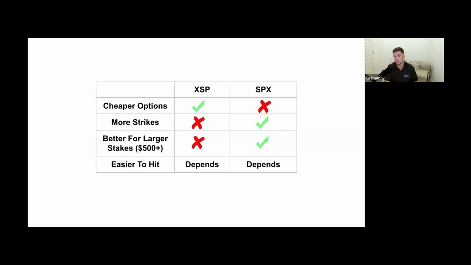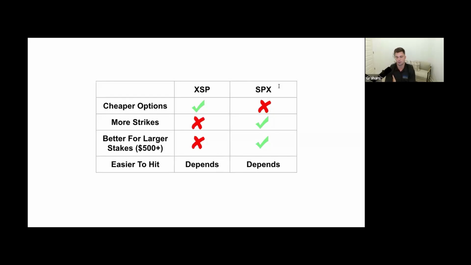SPX is just 10 times the size of XSP. So the options we're trading for SPX, and there's a little bit to it, but generally speaking, are about 5 times more expensive. So instead of needing $50 a contract, generally speaking, it's about $250. More strikes. SPX actually gives us a little bit more adaptability with the strikes.